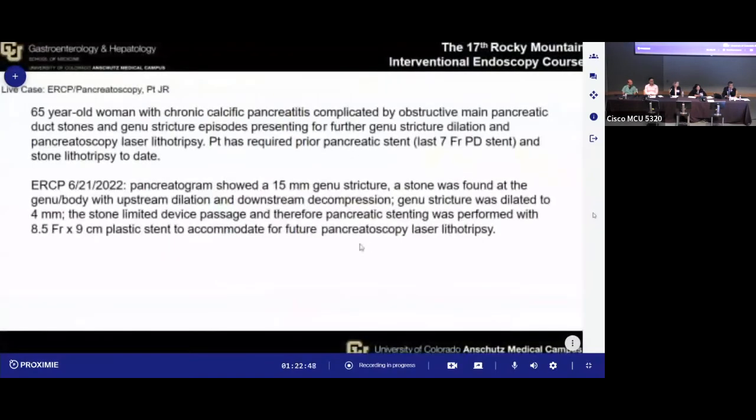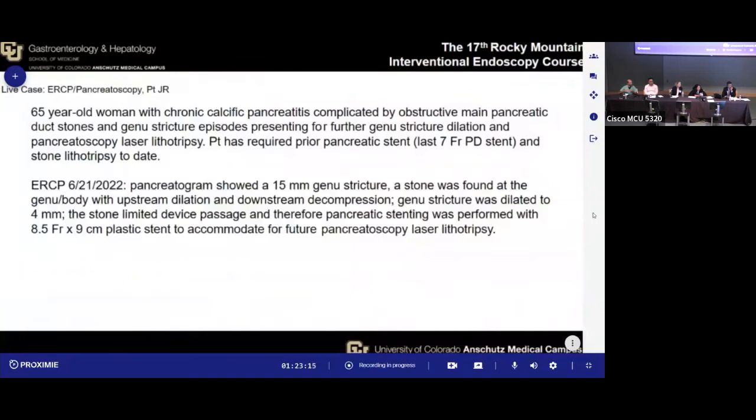For this next case, we have a 65-year-old woman with chronic calcific pancreatitis complicated by obstructive main pancreatic duct stones and genu stricture episodes, presenting for further genu stricture dilation and pancreatic endoscopy laser lithotripsy. The patient has required prior pancreatic stents. The last one was a 7 French PD stent, and stone lithotripsy to date.